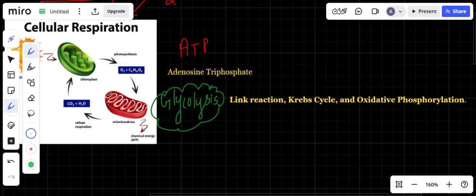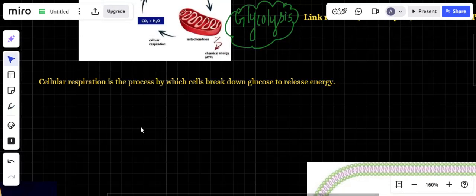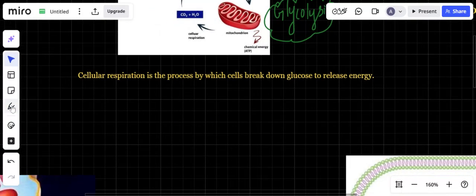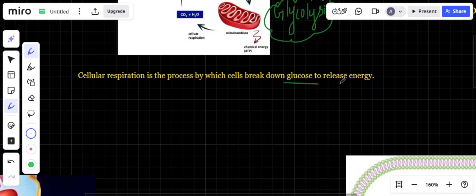First of all, cellular respiration is the process by which cells break down glucose to release energy. Whatever you eat is converted into glucose, so your body utilizes that glucose to release energy in terms of ATP.